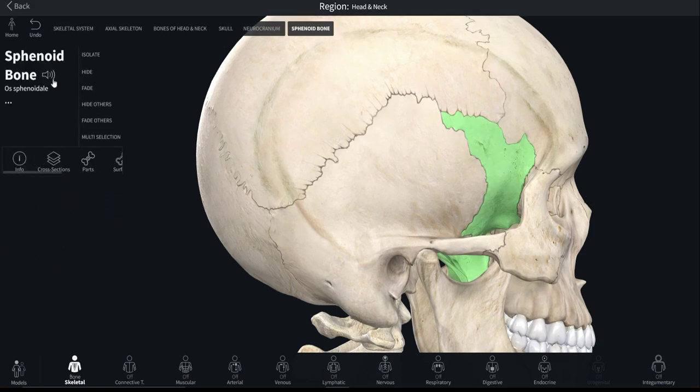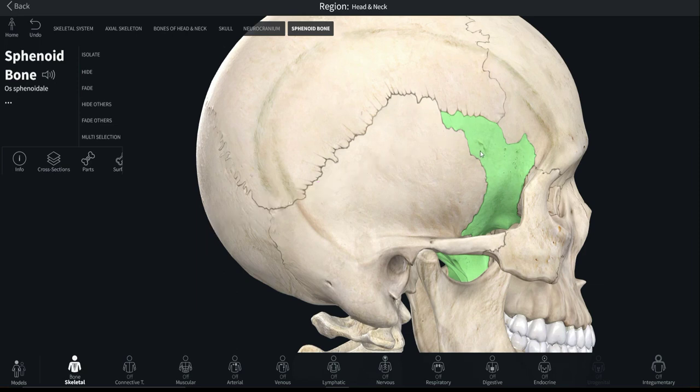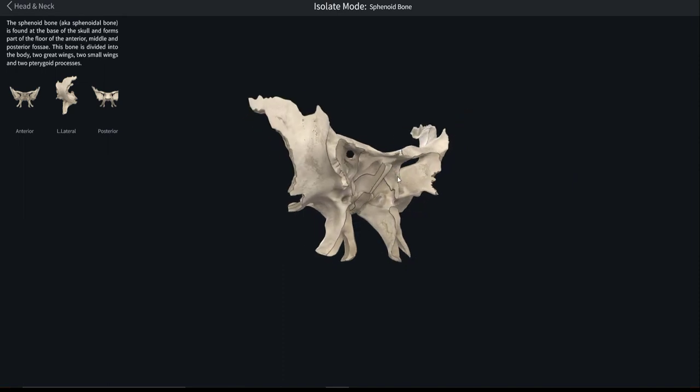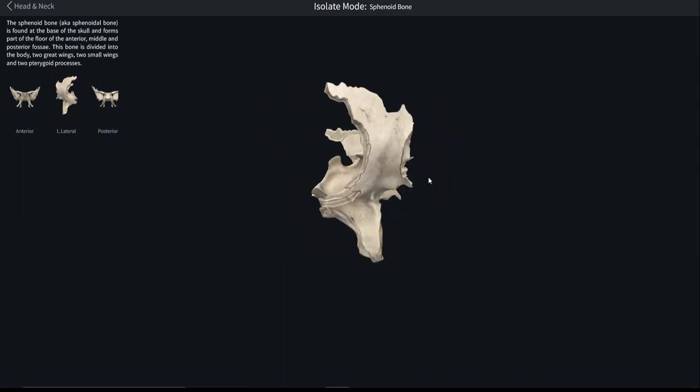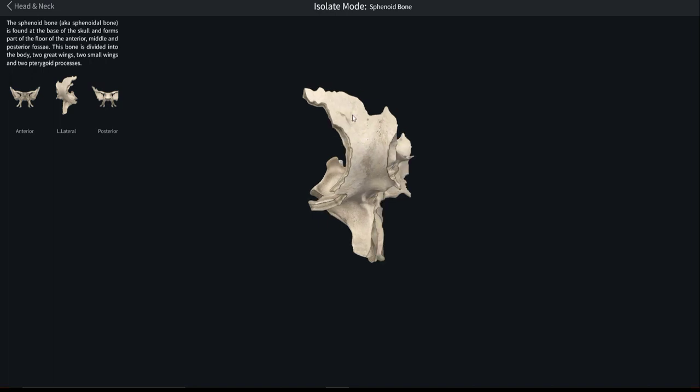But we need a little bit more precision than that. So what part of the sphenoid bone is this? This is the greater wing of the sphenoid. All right. So if I do a quick little, we are not going to study sphenoid here, obviously, but this is the part which we were able to see from the lateral view. This over here is the tip of the greater wing of the sphenoid.